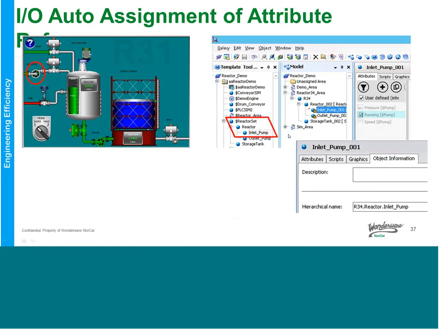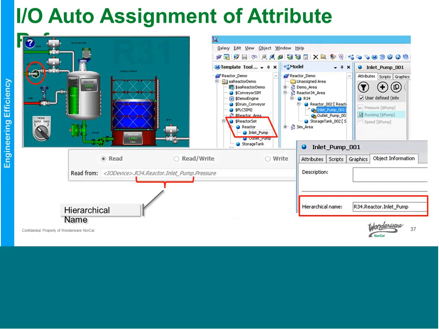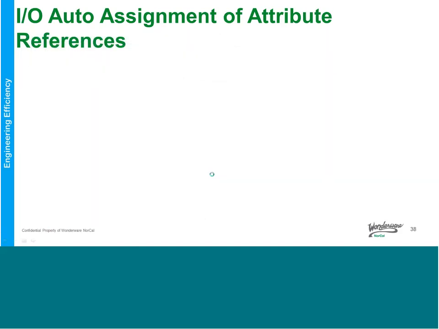So I would have in my PLC a function or an object called reactor, and then a piece of equipment called inlet pump, and then an attribute for running, or pressure in this case. So that's the hierarchical name, and then this is the PLC that it's coming from, and then that's the attribute, is pressure in this case.